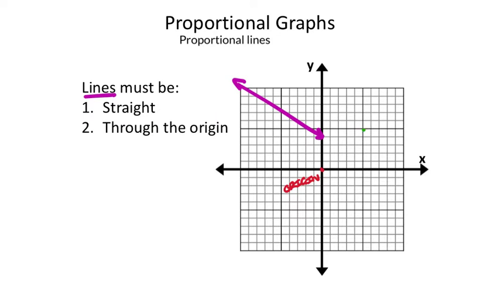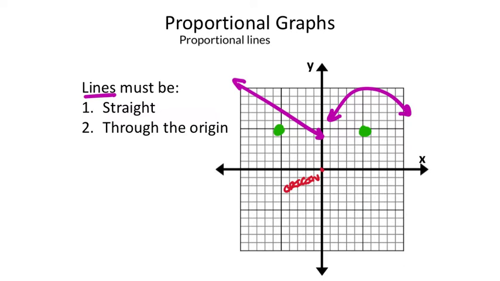It's possible from time to time you may just have a point like this one. Well, it's not proportional because it's not even a line. Or you could have another point on a graph, something like this, okay? Now, is it possible to have other lines on graphs? Sure, you can have a line like this one. And that's the problem with this line right off the bat: it's not straight. So you know pretty quick, just from a visual check, that this is not proportional, right?